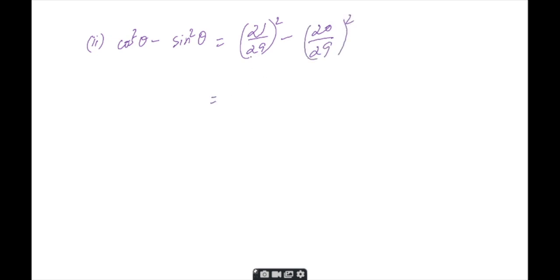So here also, this is 441 by 841 minus 400 by 841. This is equal to, if you subtract, 41 by 841.